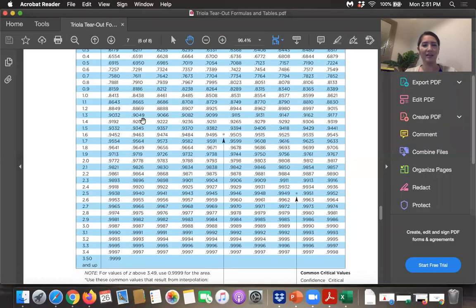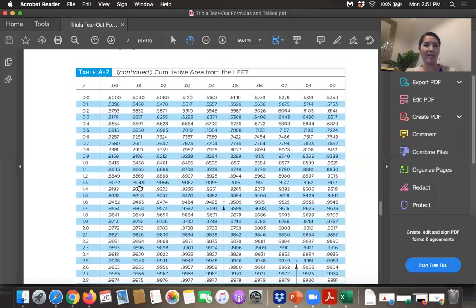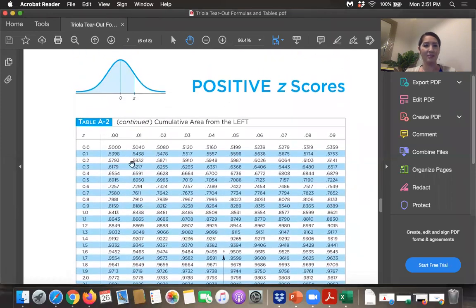So we go over here, and I'm looking for 0.48. On the positive Z-scores, there's 0.4, and there's 8 over here, so that's 0.08, 0.18, 0.28, 0.38, and 0.48. I don't know if you can see it. It's a little bit difficult to see. It's very small. 0.48 is right there.